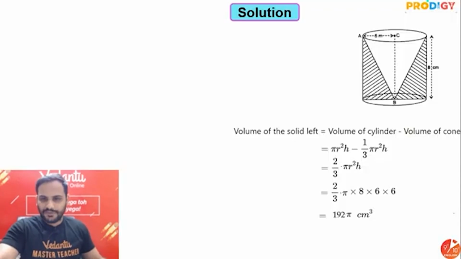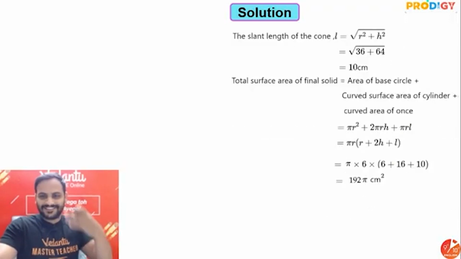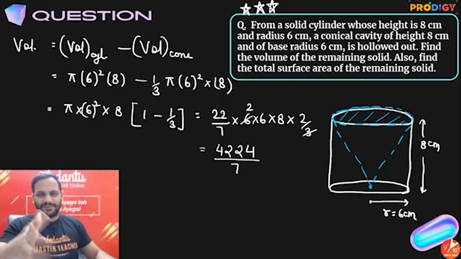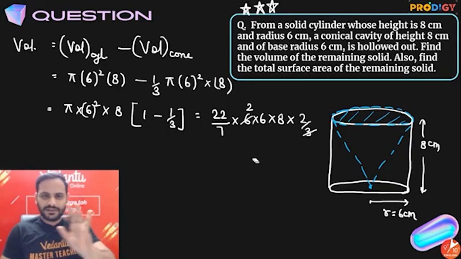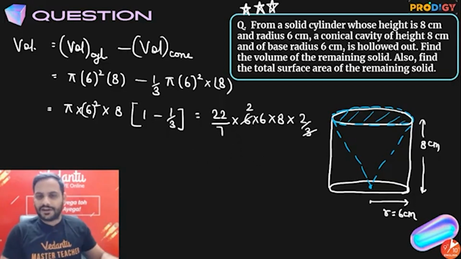Volume is 192 pi, as they have written at the end. I have done this mentally, so let me know in the comment section whether it is correct or not. If not, write whatever your answer is. You can simplify this here; I don't want to keep anything wrong.